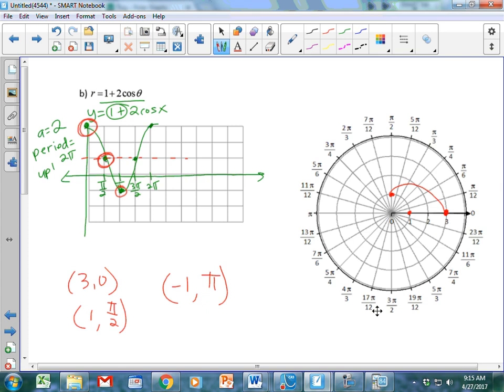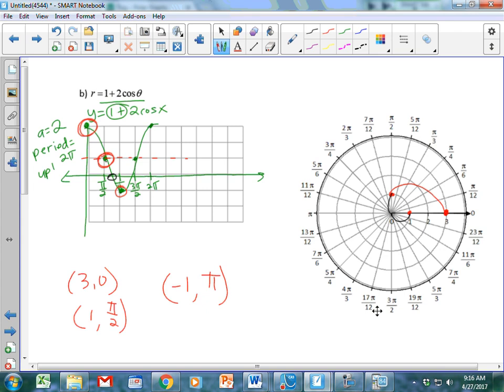Meaning the origin, did we go to it? We did, because it happened right there, didn't it? So at some point, whenever we try to draw this to this, we got to go through the origin. Okay? So let's go to the origin and get that point.